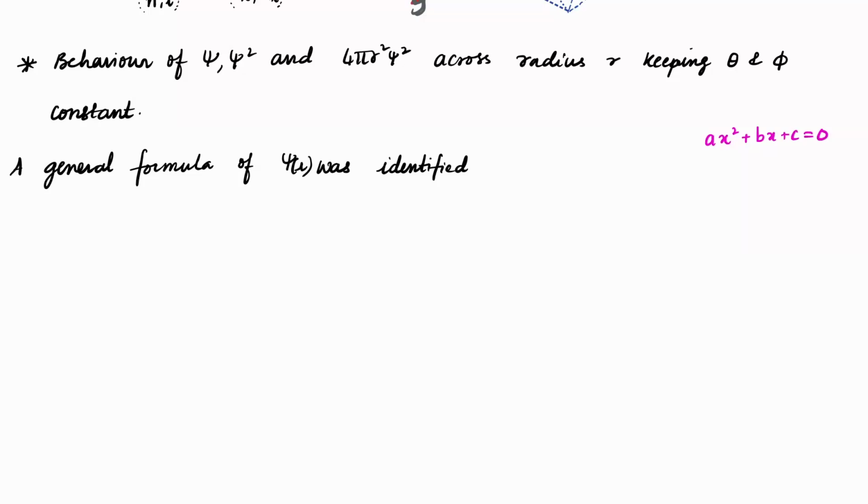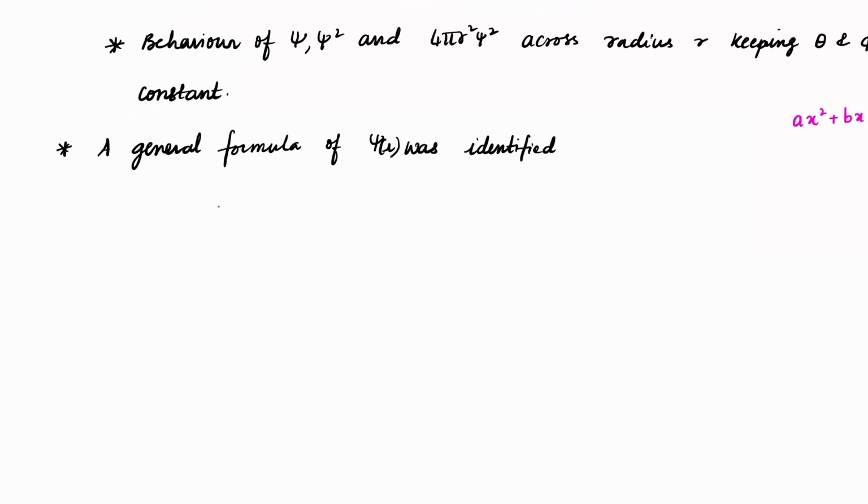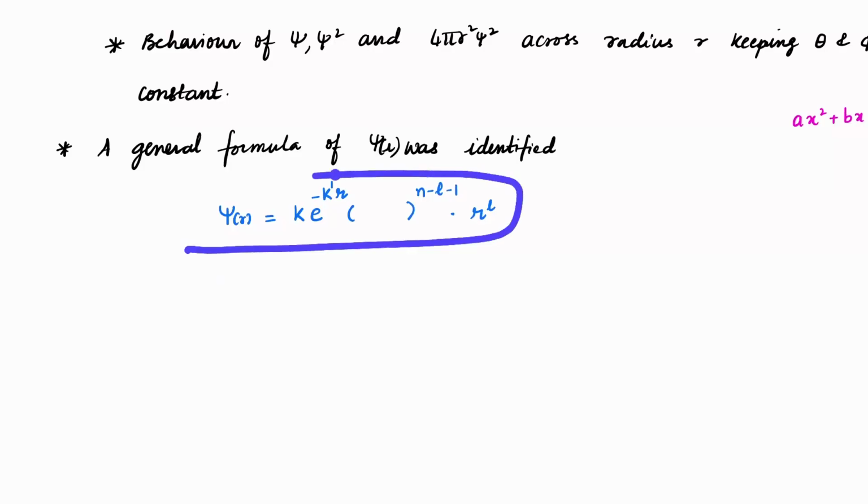So a general formula which has been identified for the radial part of psi, I'm only writing the radial part here, is some constant into e raised to the power of minus some other constant into r, multiplied by a polynomial function whose degree depends upon n minus l minus 1, and that into r raised to the power of l. Got it? This is how the general formula comes across.